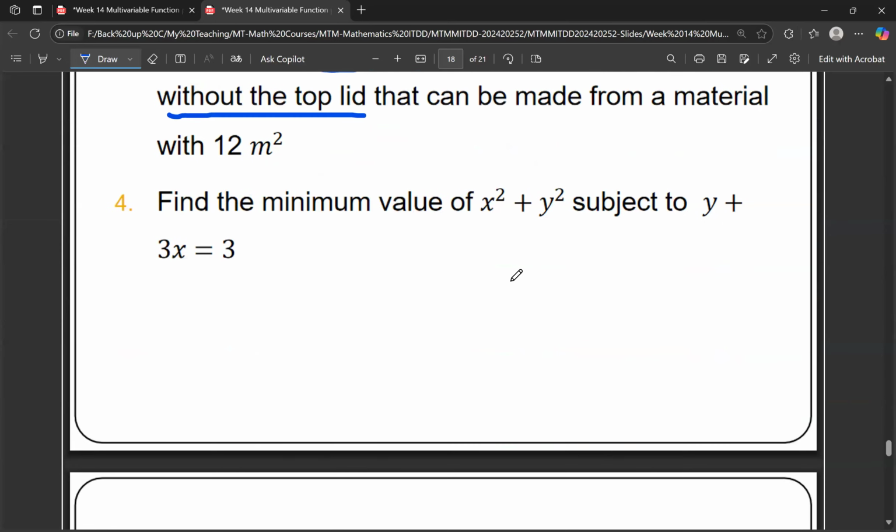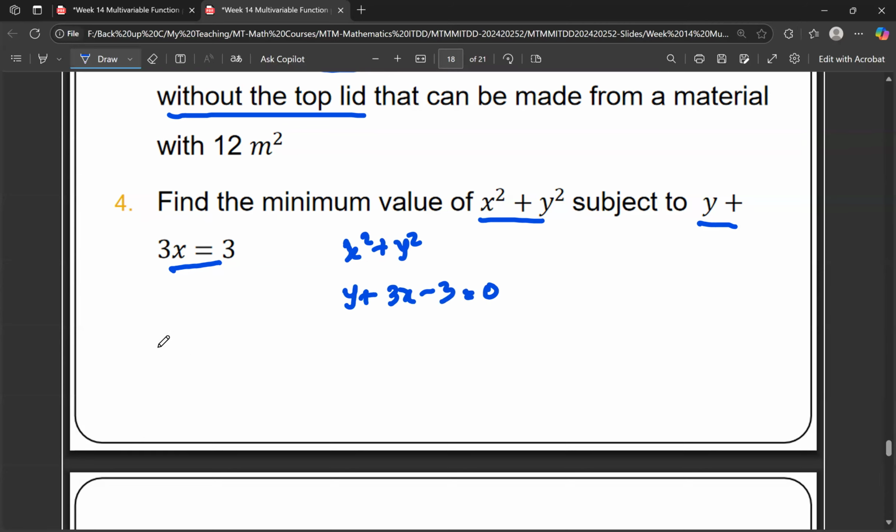Okay, again, number four, you already have the function and the subject. So you can say that the function is x squared plus y squared, and the subject will be y plus 3x minus 3 is equal to 0.